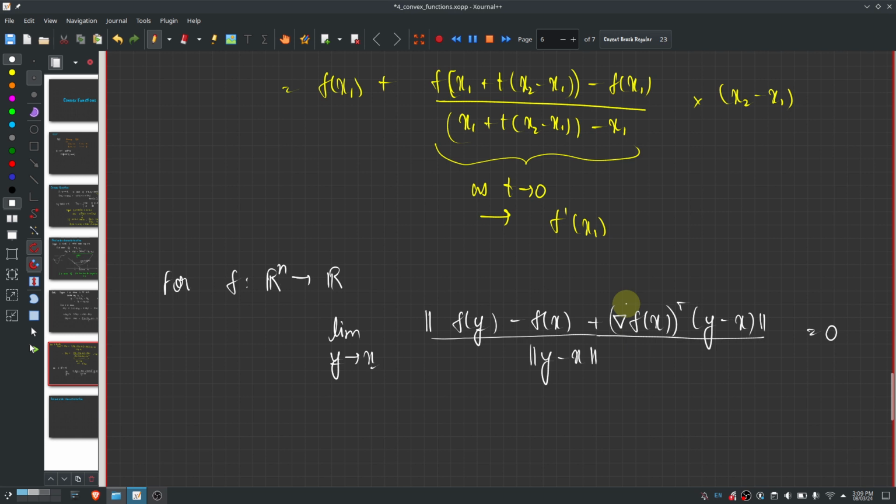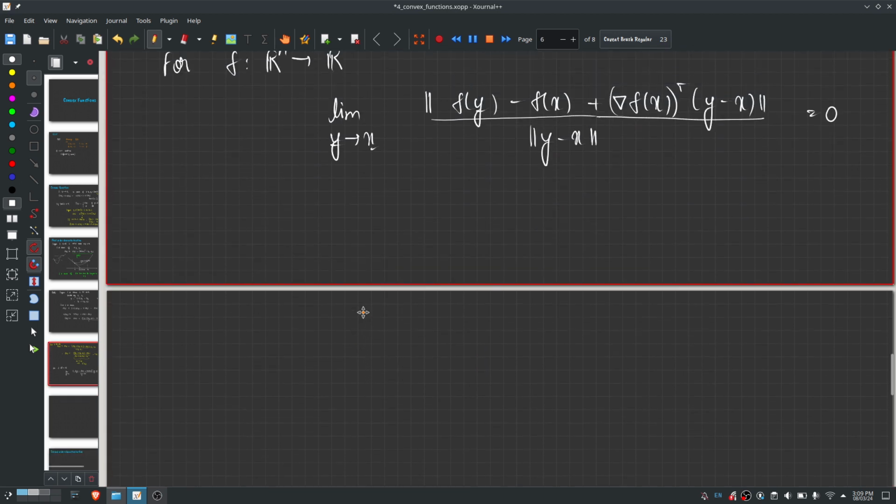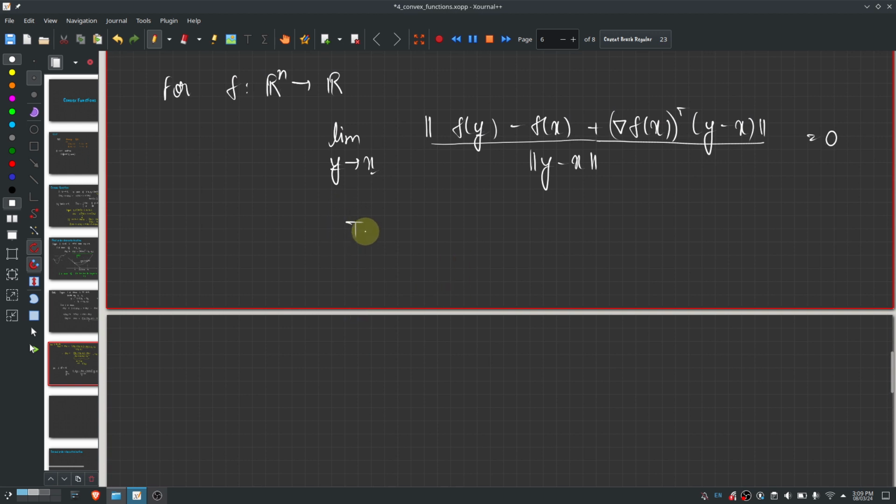Now let's see what happens when I take y to be equal to what I had earlier, which is x1 plus t times x2 minus x1, and x to just be equal to x1.